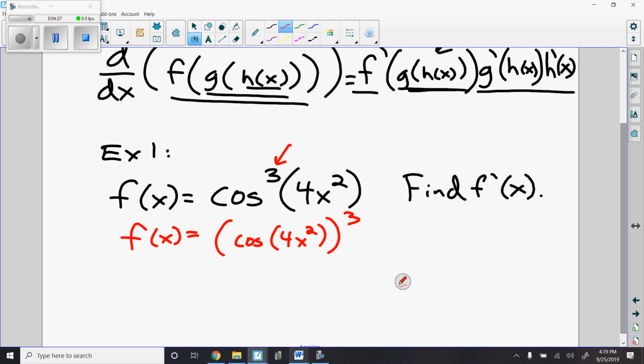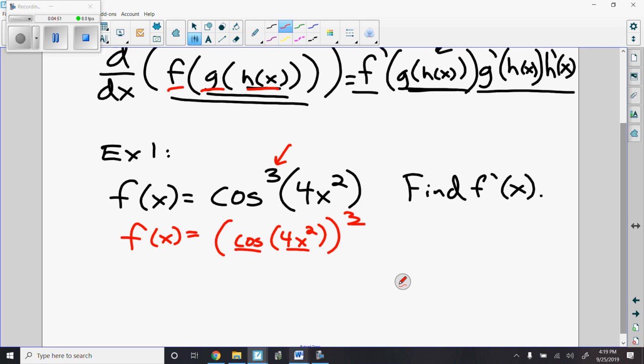Okay, when I look at this function then, this is like my h of x up here. This is like my g of x up here. And this is like my f of x up here. Okay, so my outermost function here is x cubed. My innermost function is 4x squared. And the one in between is cosine of x.